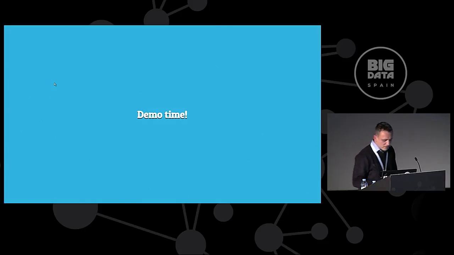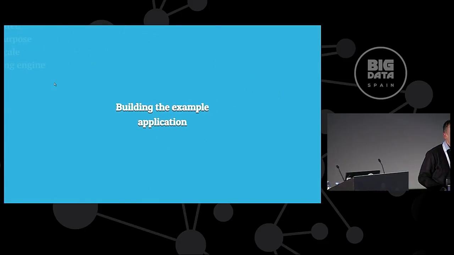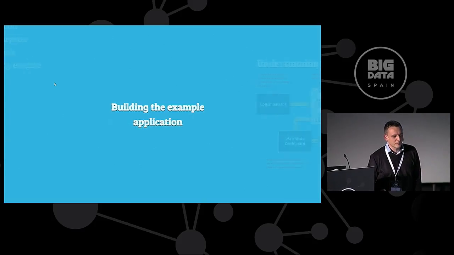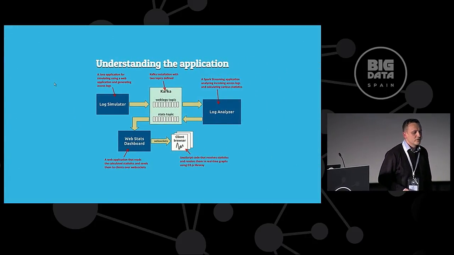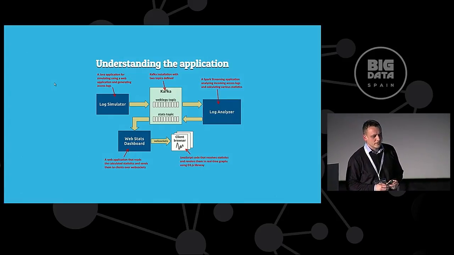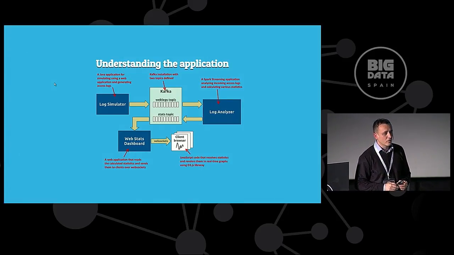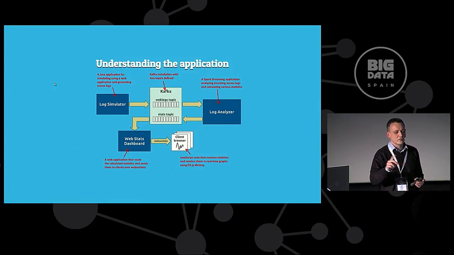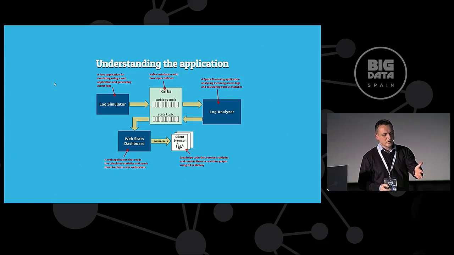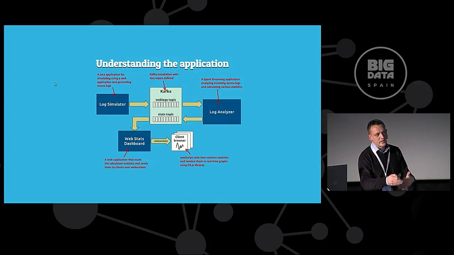demo. Okay, so I'm going to show you now the example application. The application has an input coming from a log simulator, which simulates users clicking on a website. It's coming into a Kafka topic, and there's a log analyzer application, which is a Spark streaming application, aggregating those logs, and it writes the results back to a different Kafka topic.